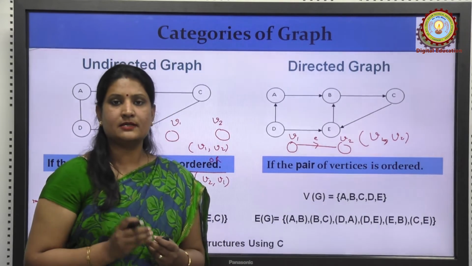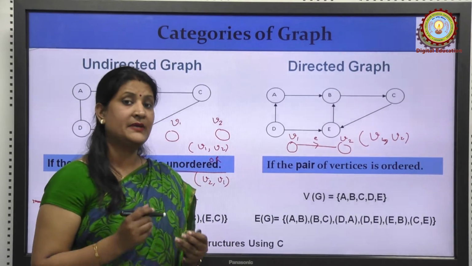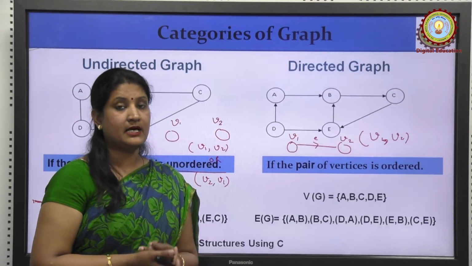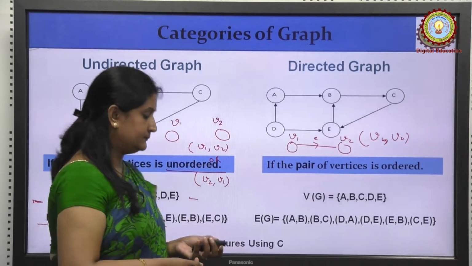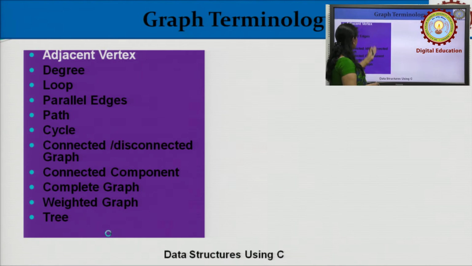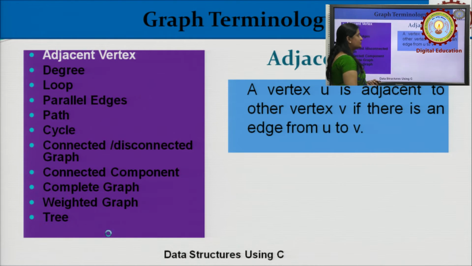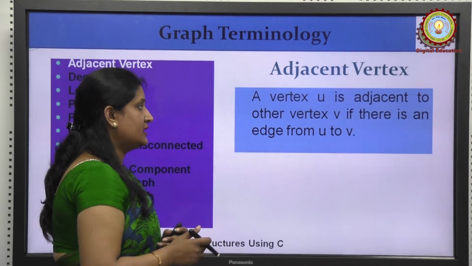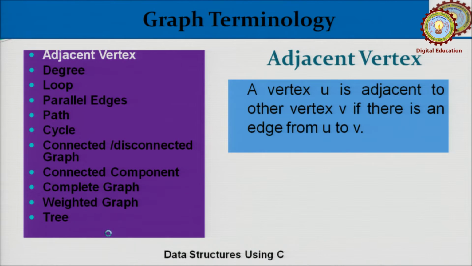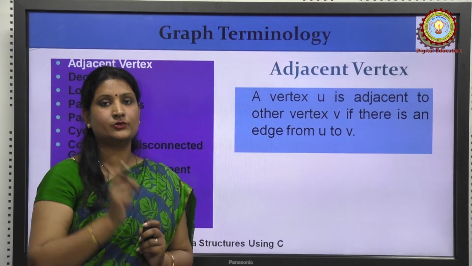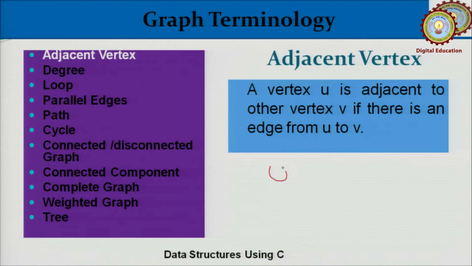Now, we spend some more time to understand the basic definitions in graph terminologies that are associated with the graph. These are the basic graph terminologies. First is adjacent vertices. A vertex U is adjacent to another vertex V if there is an edge from U to V. That means there is a direct edge from vertex U to vertex V, like this.